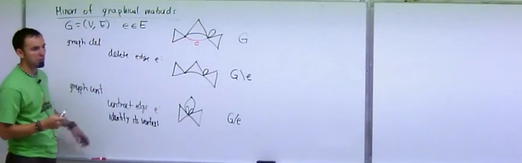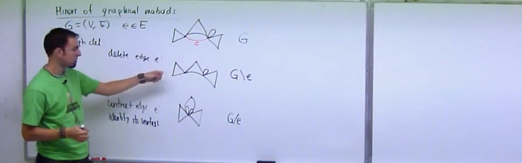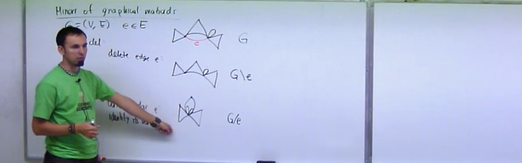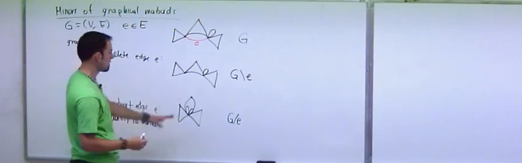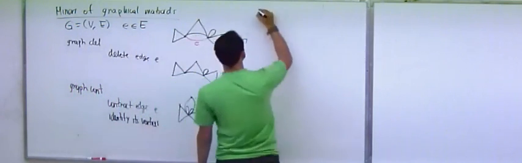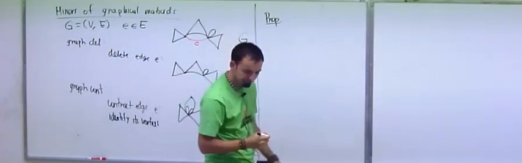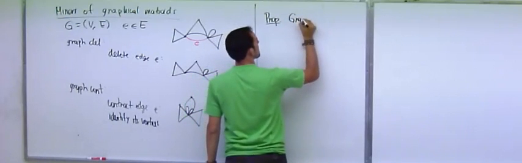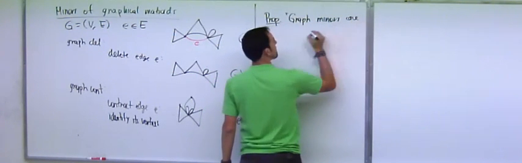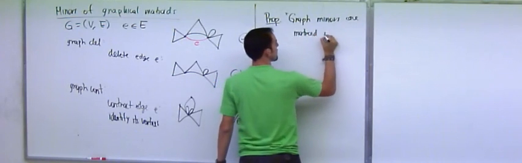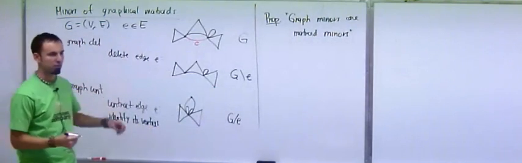In homework 3, you showed that when you delete an edge of a planar graph, that's equivalent to contracting that edge in the dual planar graph. And fortunately, these notions agree with the notions that we have defined here. So the proposition is that graph minors are matroid minors. In other words, applying these operations on the graph is the same thing as applying them on the matroid.